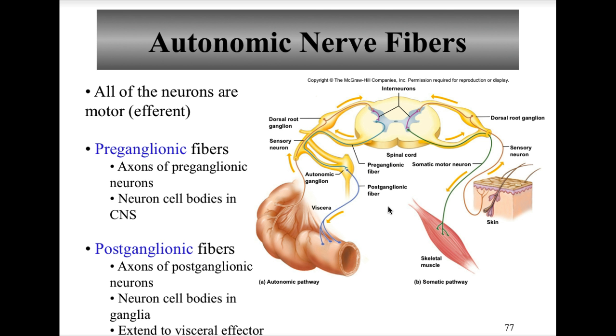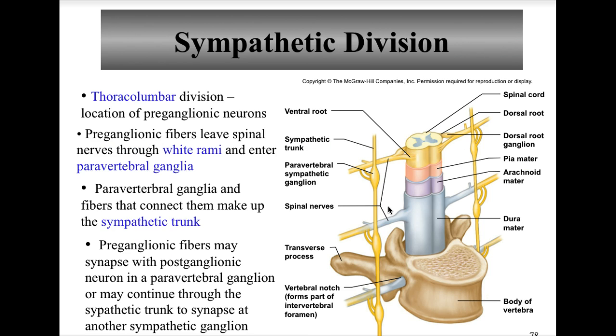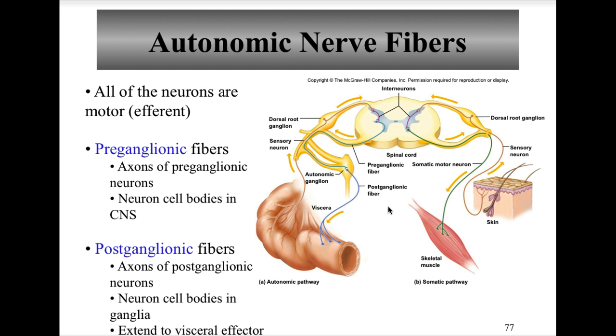So let's look at autonomic nerve fibers. All the neurons are motor or efferent. So you have two motor neurons.